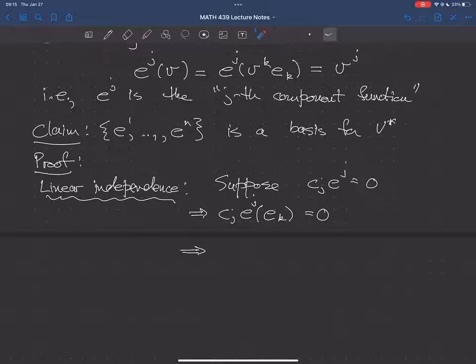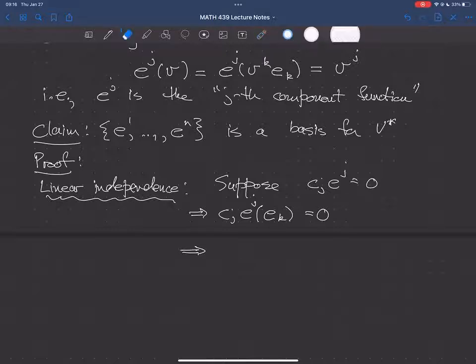Remember that there's a summation happening here over j, right? So j runs from 1 to n, and in particular, included in this summation is going to be k. So there will be in this sum a term which is ck ek of ek. What will that one be? 1. Yeah, exactly. Well, ck, but yes, exactly.